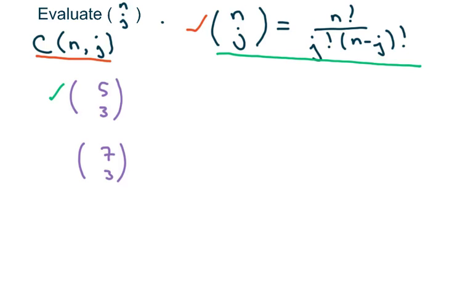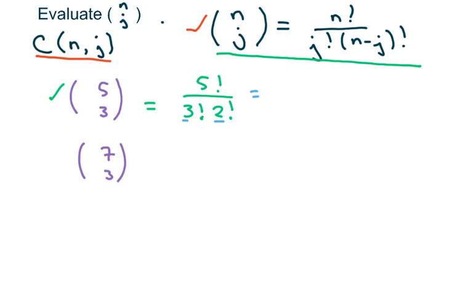So what we're going to do is evaluate this, and this is basically 5 factorial over 3 factorial times (5 minus 3) factorial, which is 2 factorial. And always in this one, these two numbers, 3 plus 2, is 5.